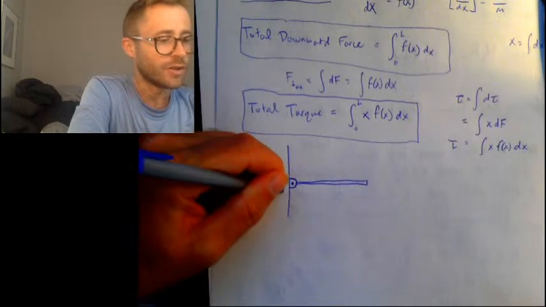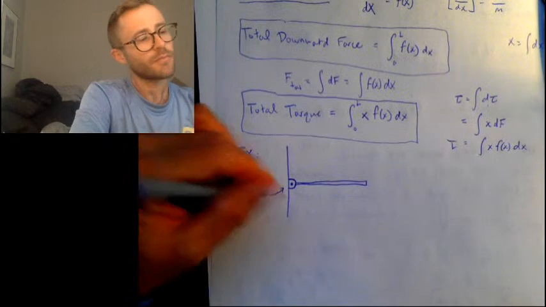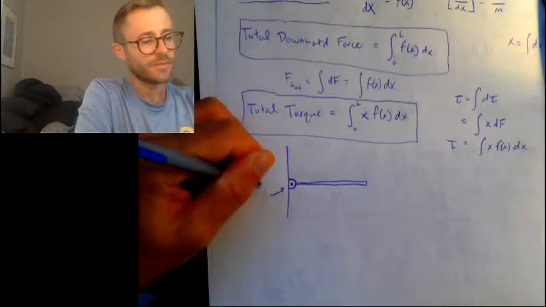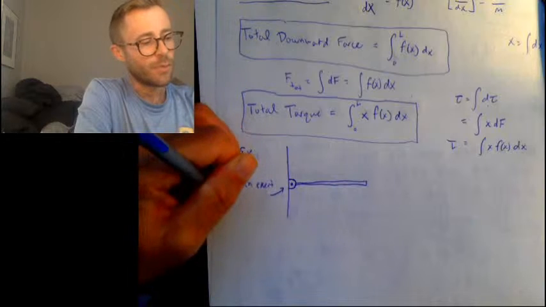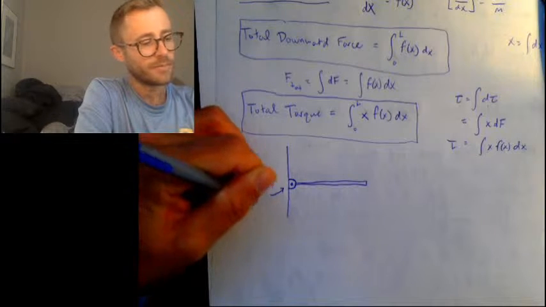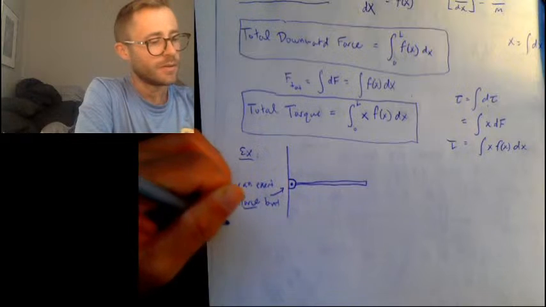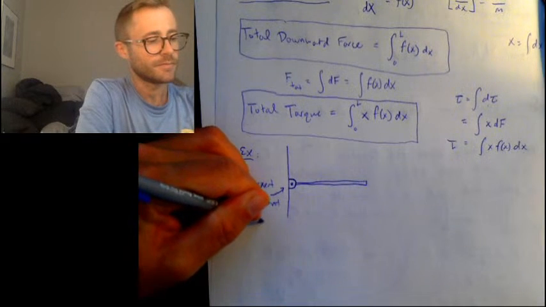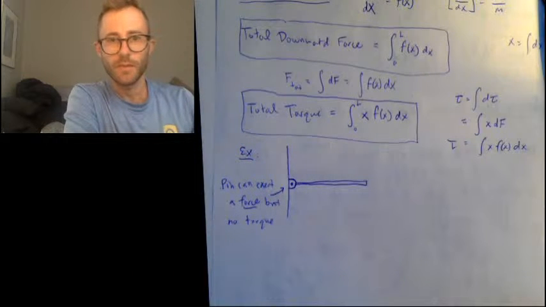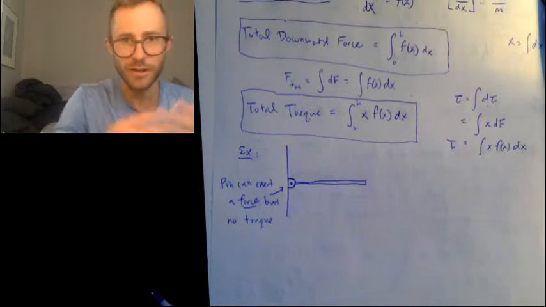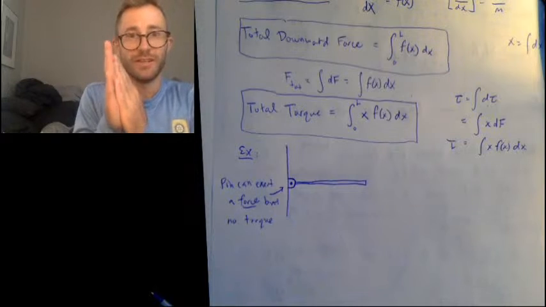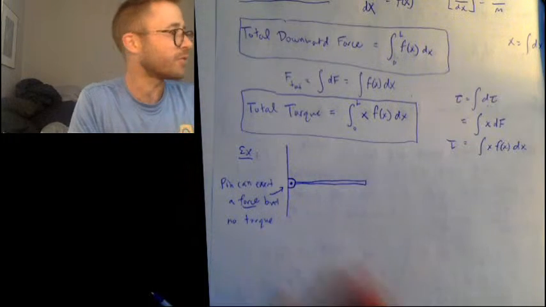So basically, this pin can exert a force on the beam, but no torque on the beam. In mechanical engineering, you often have these types of situations where one thing is joined to another in a certain way where there can be a force but not a torque.